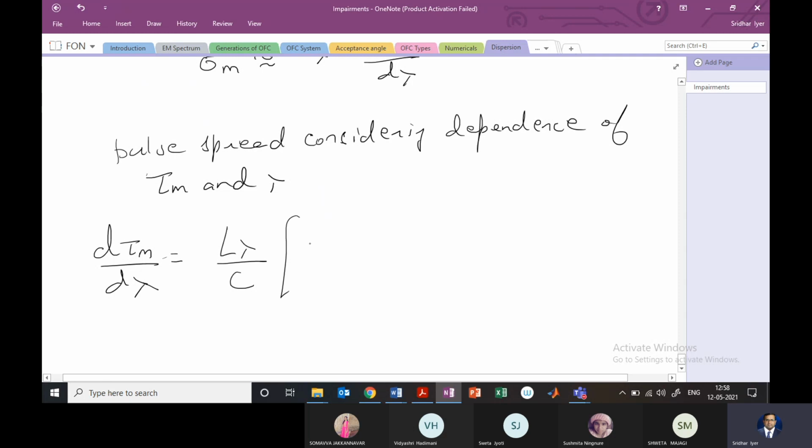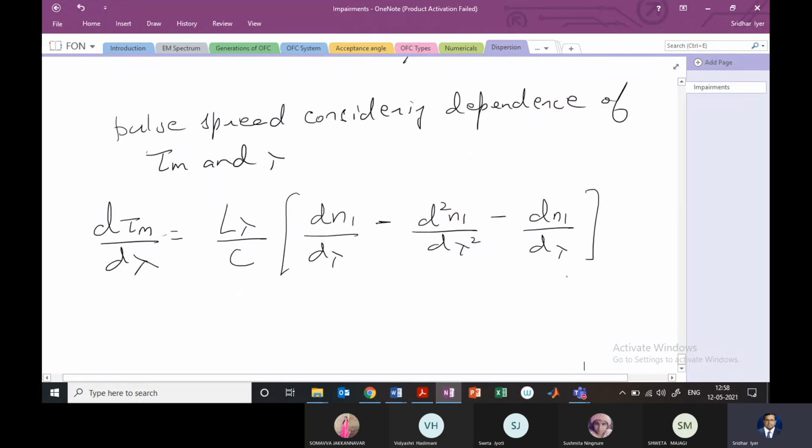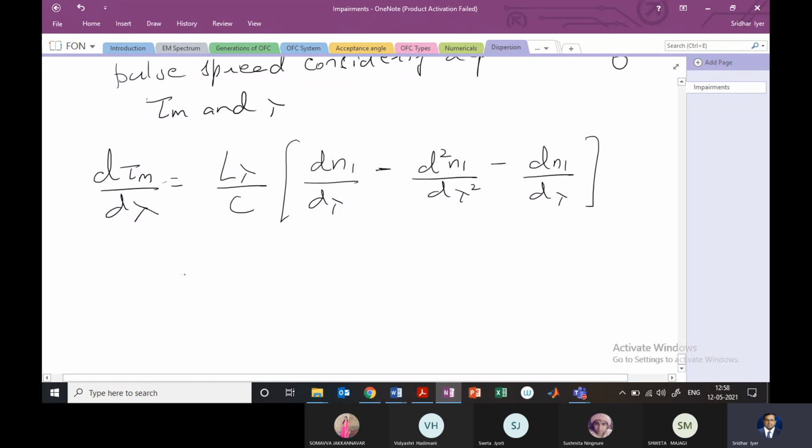The lambda comes out and you have dn1 by d lambda minus d square n1 by d lambda square minus dn1 by d lambda. And you can simplify this to find minus L lambda by C d square n1 by d lambda square. Let this be equation 2.